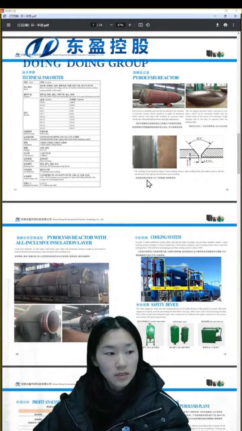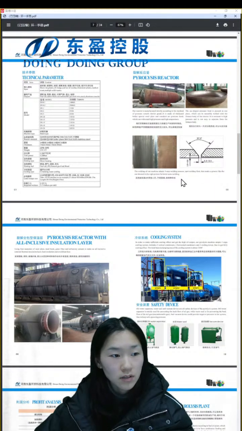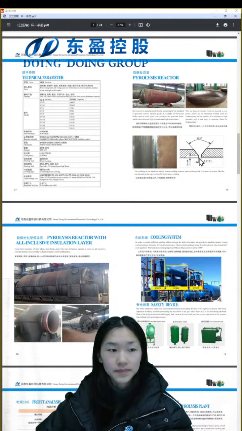And in this part, you can see the welding seam. The welding of our machine adopts a 3 step welding process. First, spot welding on here. Then make a groove like the one shown in the right pictures for better outer welding.